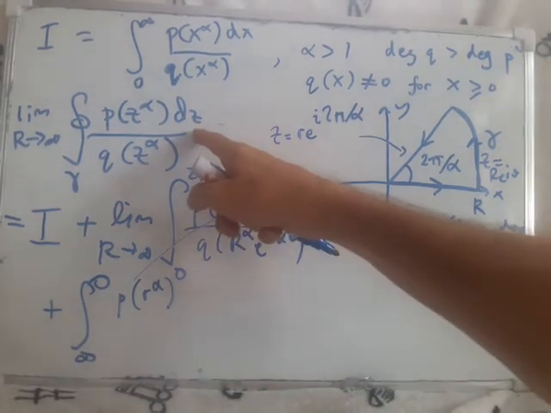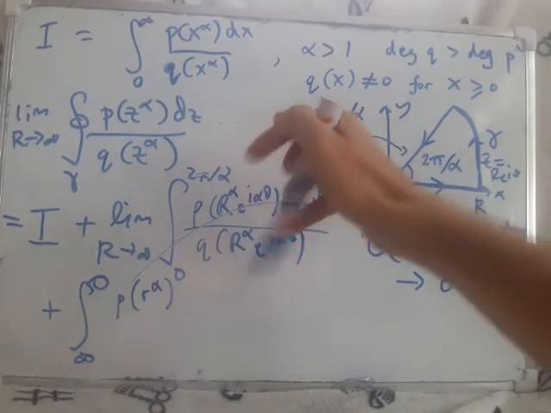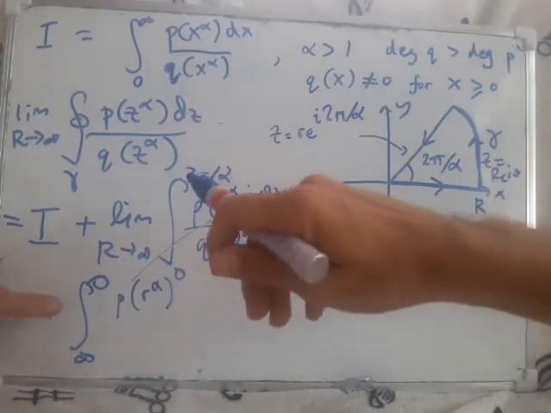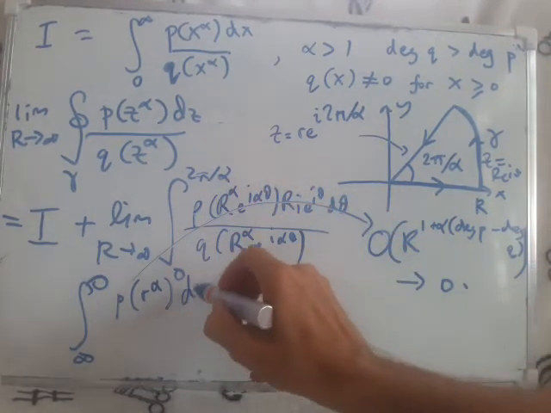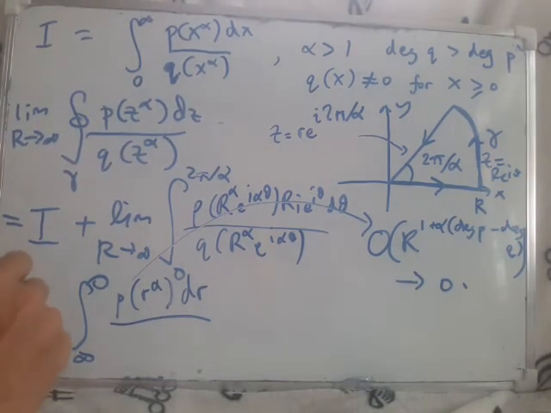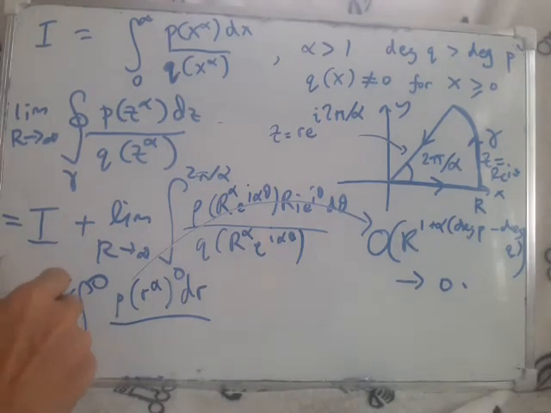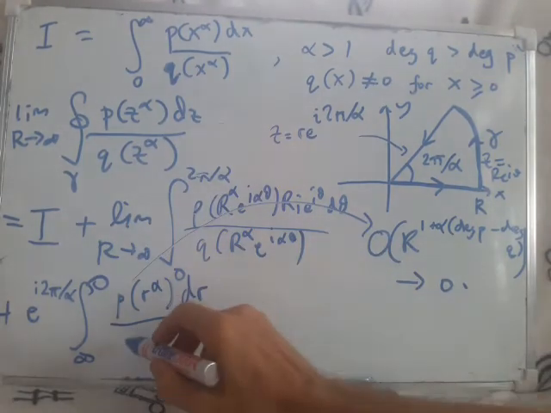And dz turns into dr times e to the I 2 pi over alpha. So we can take the e to the I 2 pi over alpha out the front. And on the bottom, the same thing happens. So we just get q.